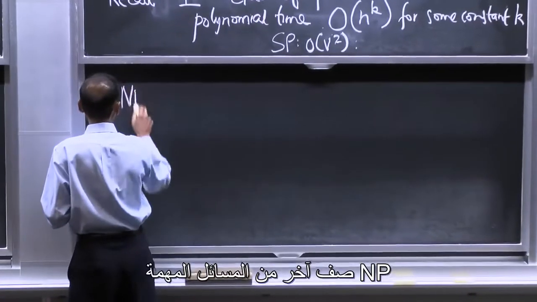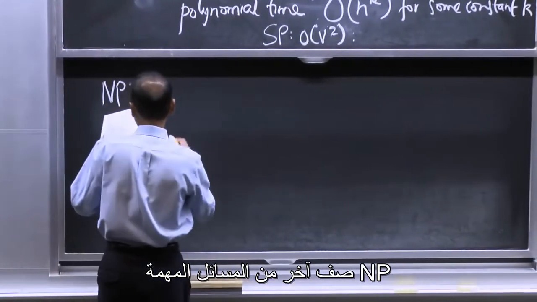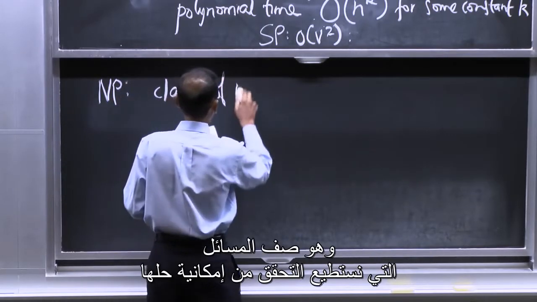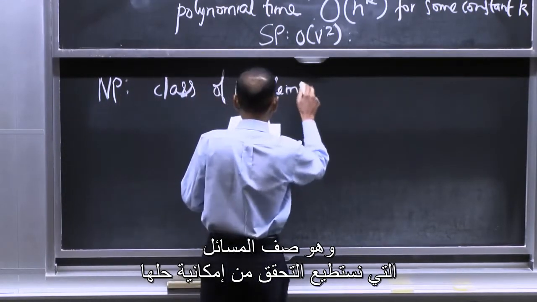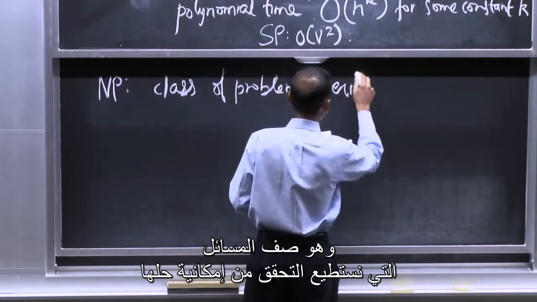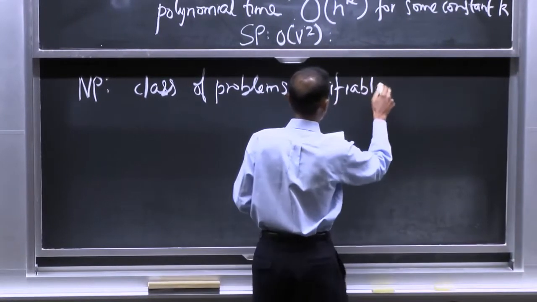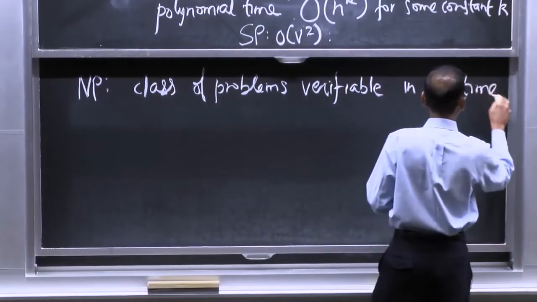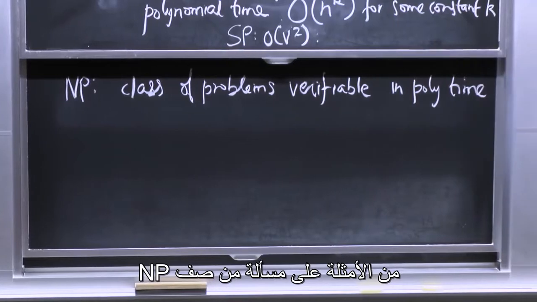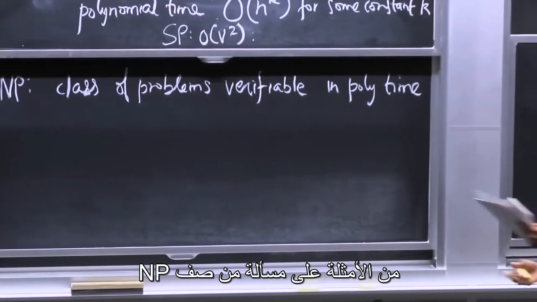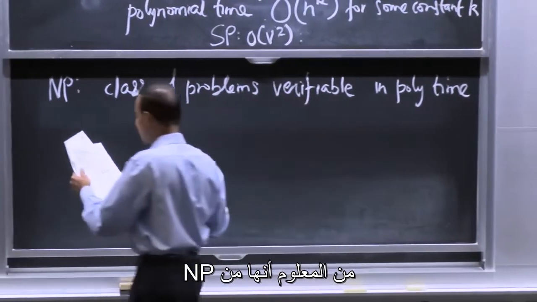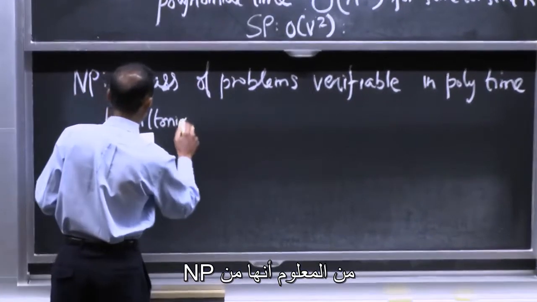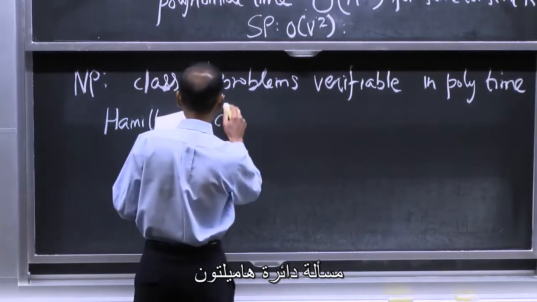NP is another class of problems that's very interesting. This is the class of problems whose solution is verifiable in polynomial time. An example of a problem in NP that is not known to be in P is the Hamiltonian cycle problem.